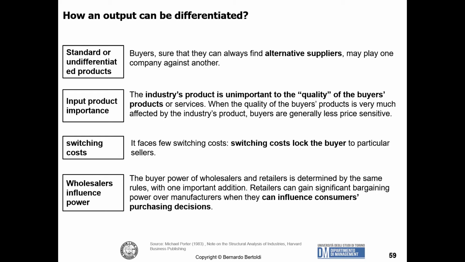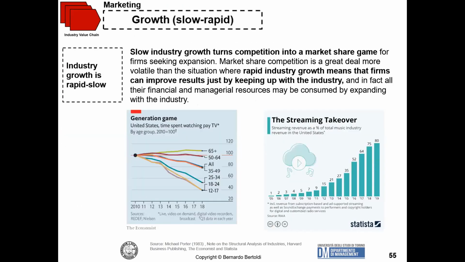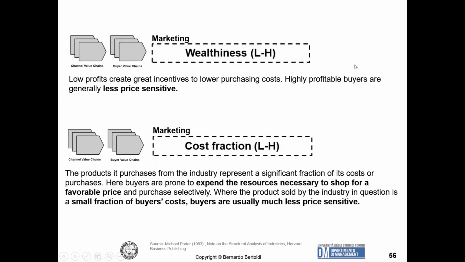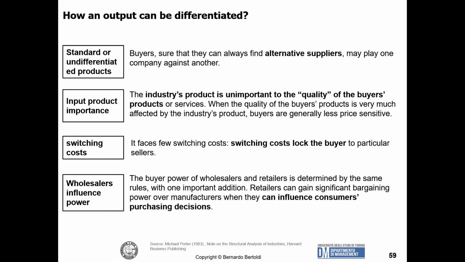And then we have the analysis of Mr. Porter on channels. Channels are those companies that channel your product to the final customer. So the channel is the one you sell through in order to reach your customer. In that case, the terms of differentiation are basically the same apart from one point. One important point is when the wholesaler can in some way influence the final customers.